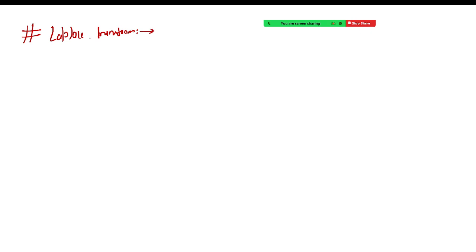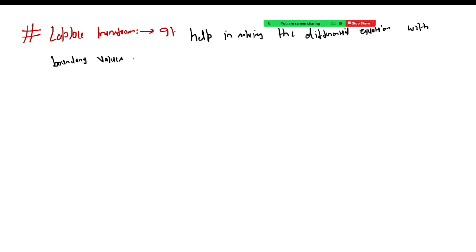Right? So what the Laplace transform is, it helps us in solving the differential equation with boundary values without finding the general solution and the value of the arbitrary constant, right?